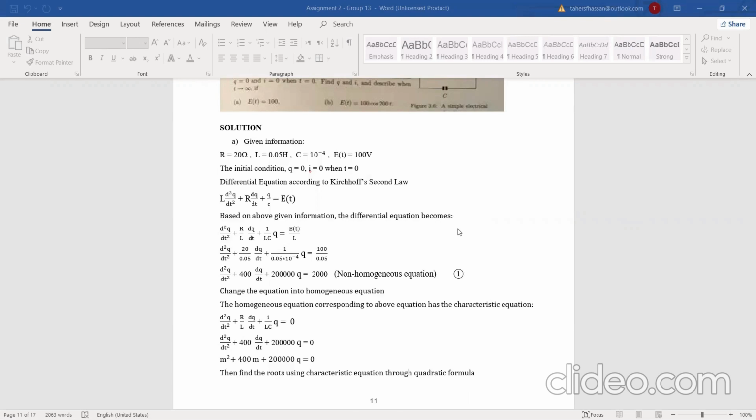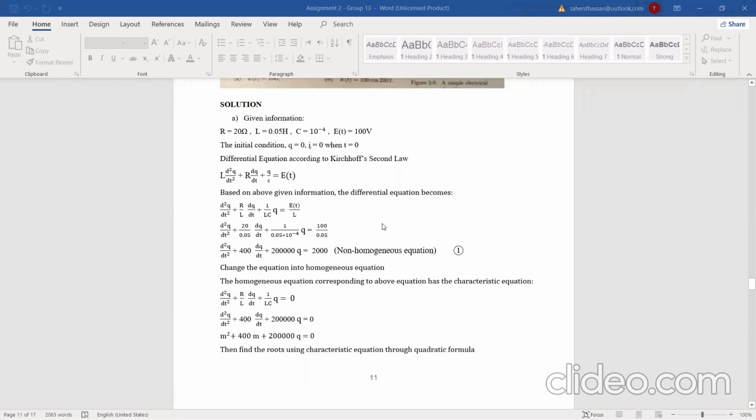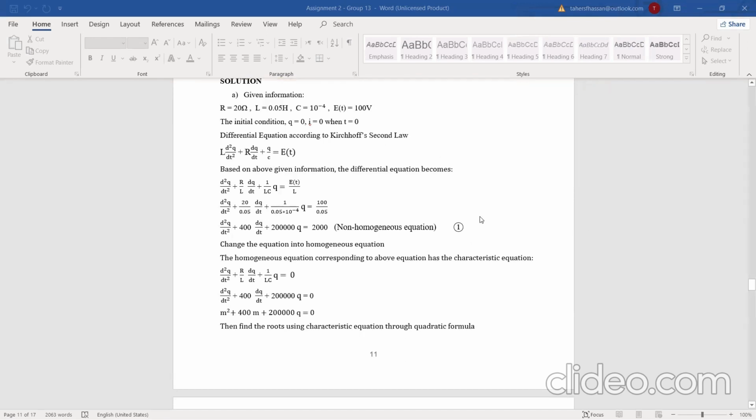Based on the given information, the differential equation becomes d squared Q over dt squared plus 20 over 0.05 dQ/dt plus 1 over 0.05 times 10 to the power negative 4 times Q equals 100 over 0.05. And then d squared Q over dt squared plus 400 dQ/dt plus 200,000 Q equals 2000.